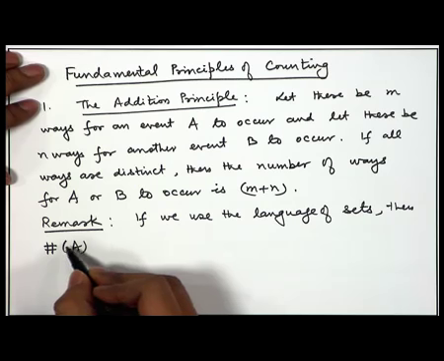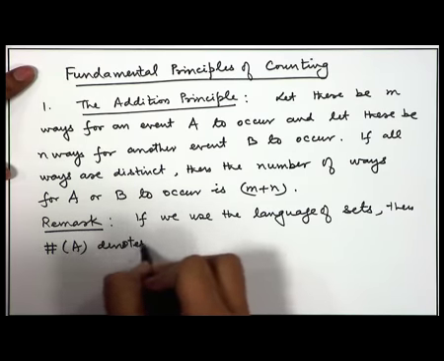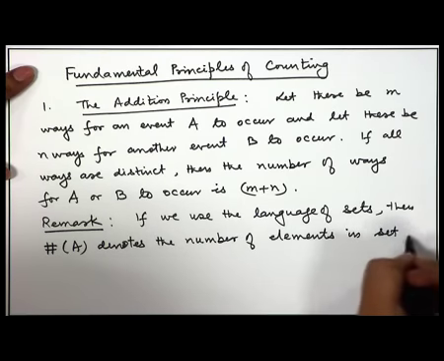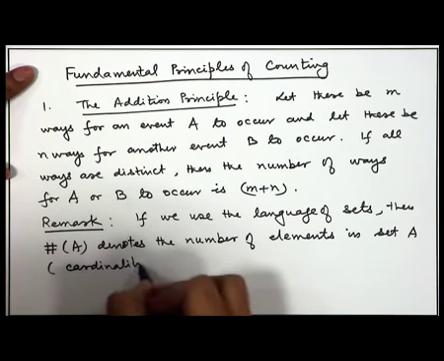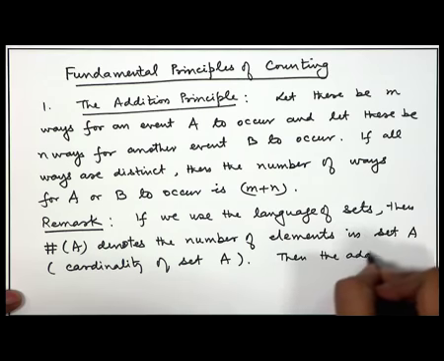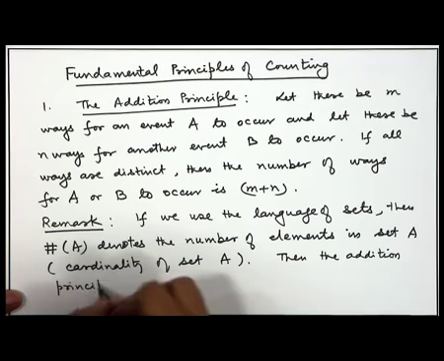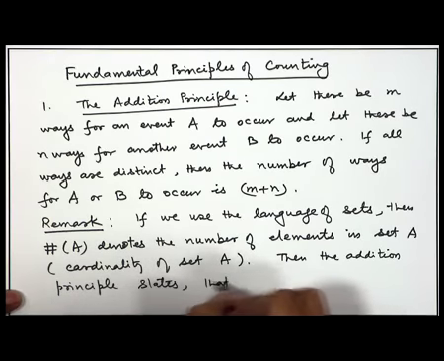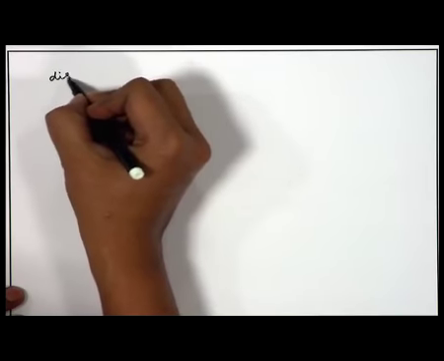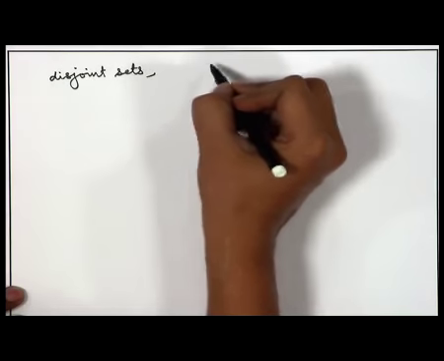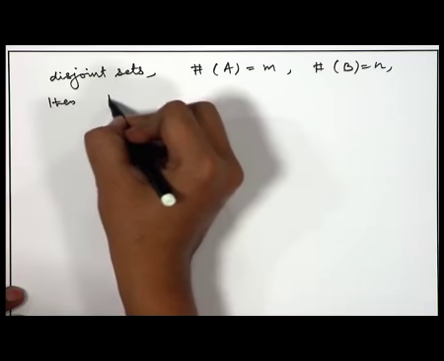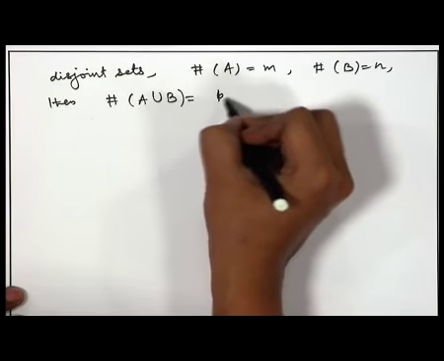This is called cardinality of A. It denotes the number of elements in set A, that is also called cardinality of set A. Then the addition principle states that if A and B are disjoint, the cardinality of A is m and the cardinality of B is n, then cardinality of A union B is equal to m plus n.